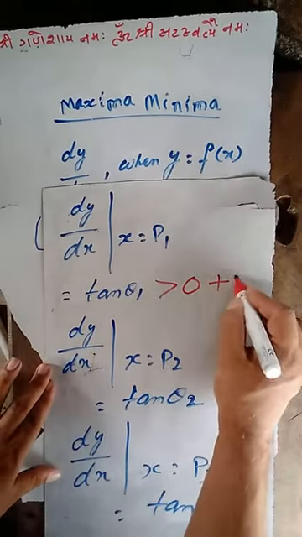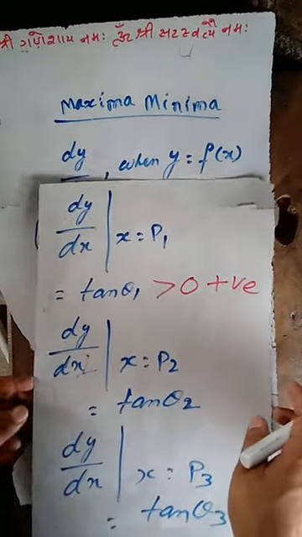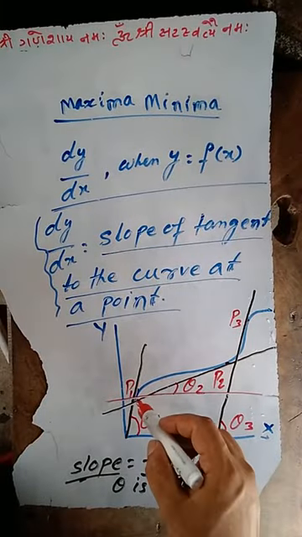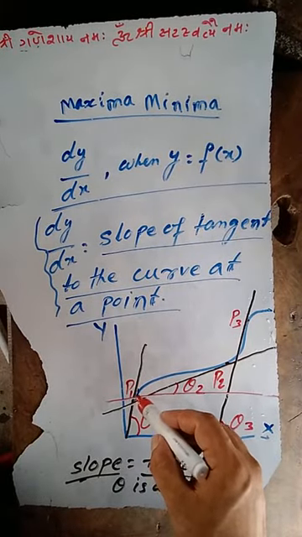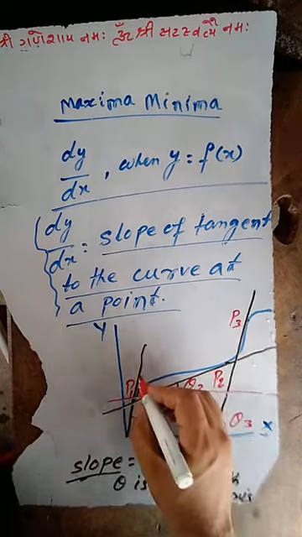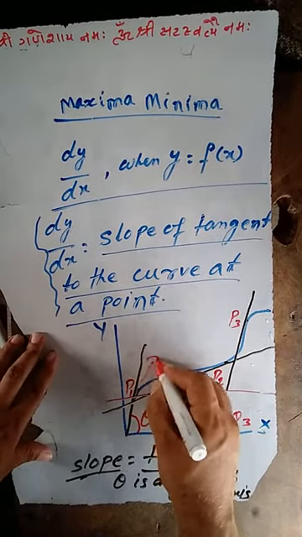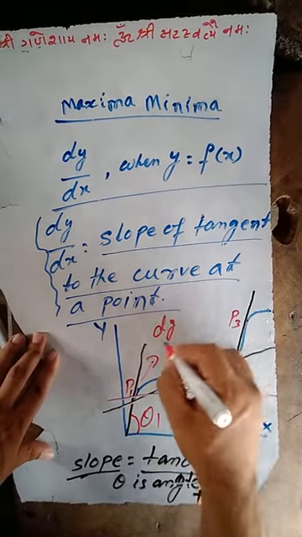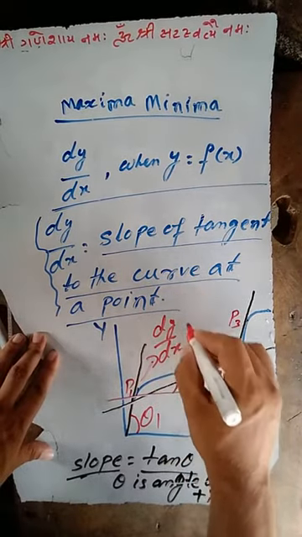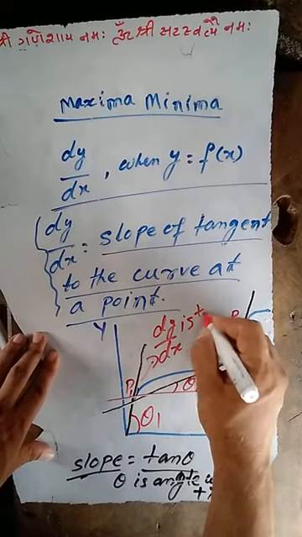This means that the value of dy by dx at point P1 is positive.